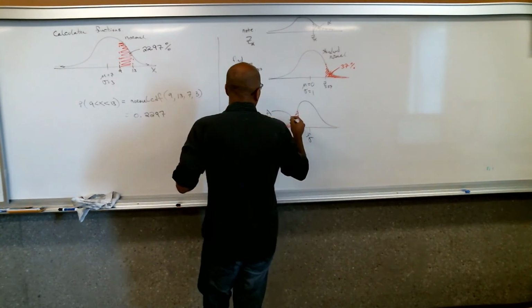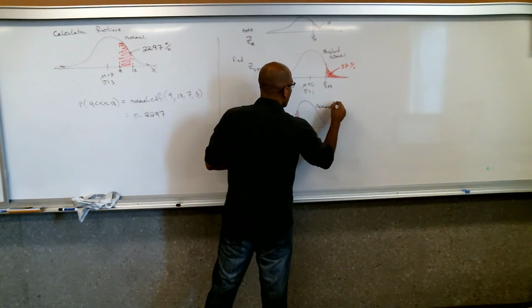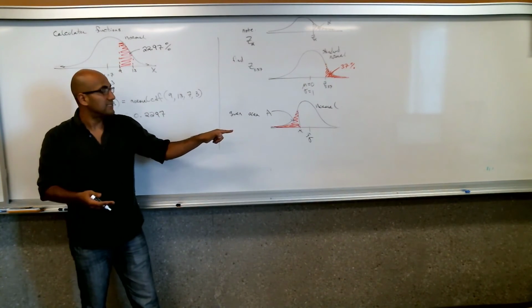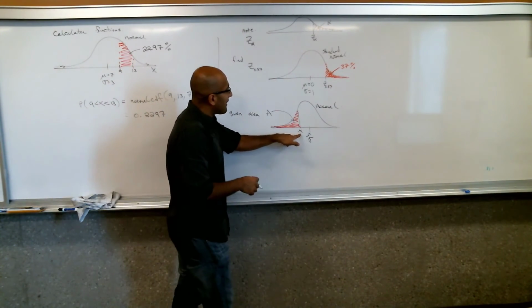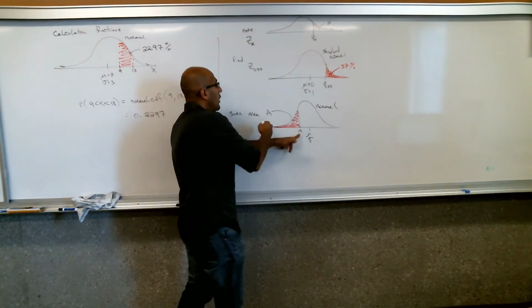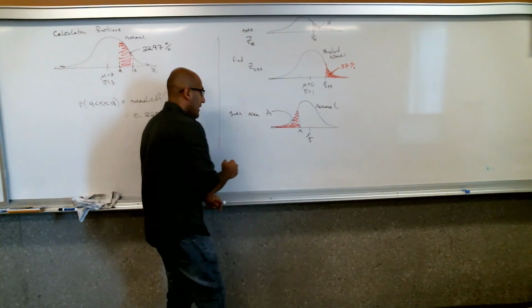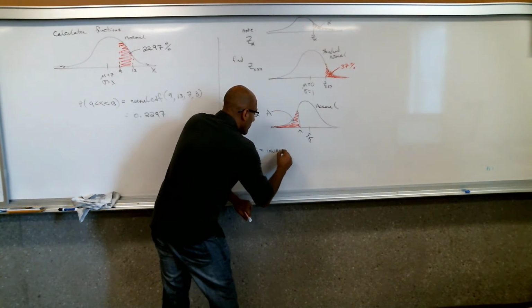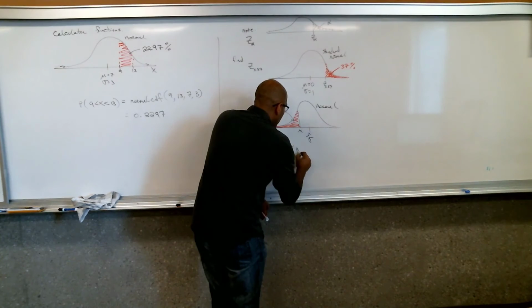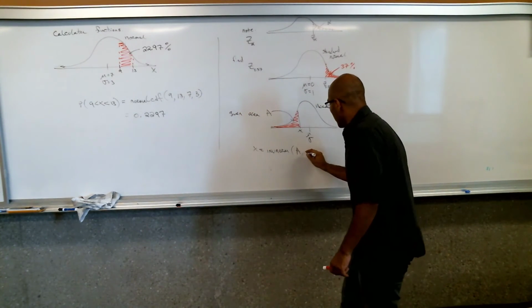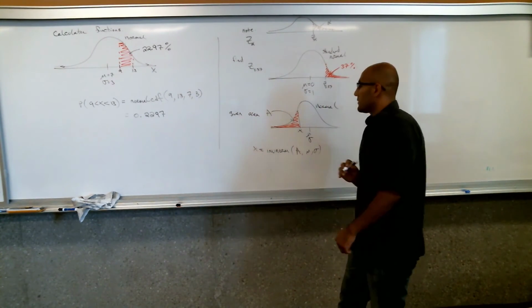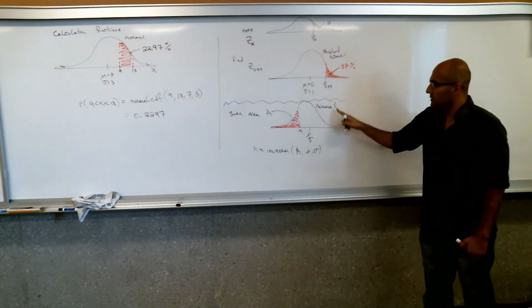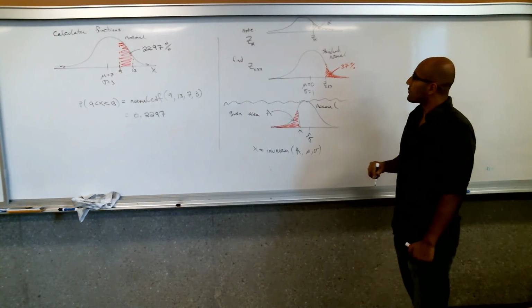If you want the value of x that traps the lowest area A, it's invNorm(A, mu, sigma), with A the area to the left. That's what we have to know.